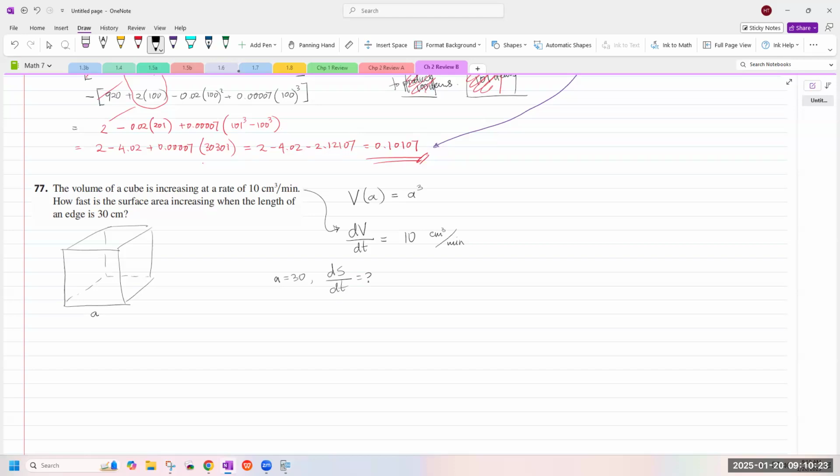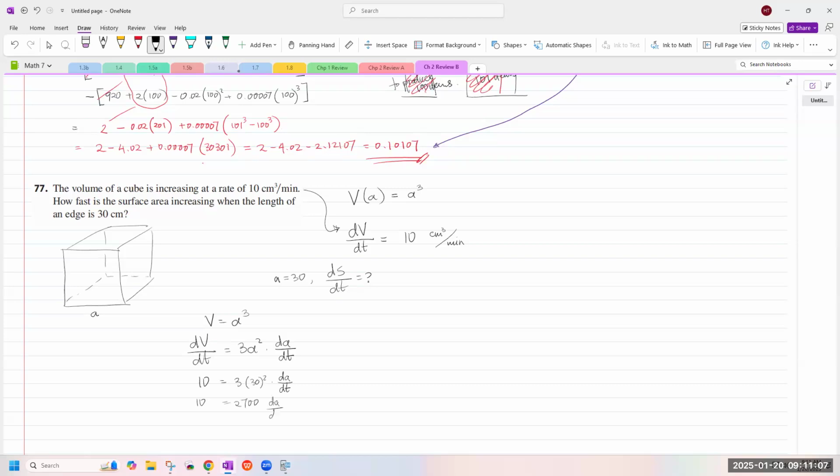If the volume is a cube, then the derivative of the volume with respect to time will be 3a squared times the change of a with respect to t. Is it right? Oh, I think that's where we get it then. Because this is equal to 10 and a equals 30. Then we find how fast the a is changing. That's 10, and this is 900 times 3, 2,700 times da/dt.